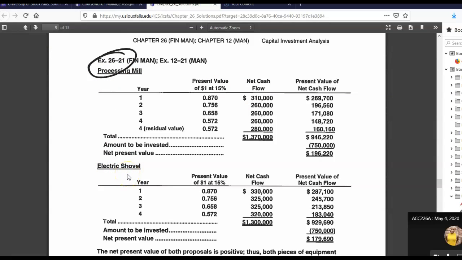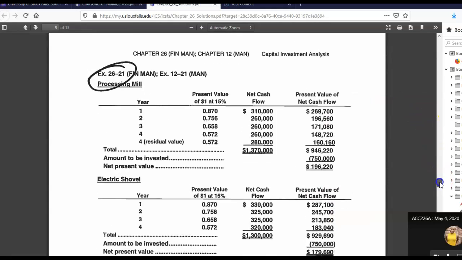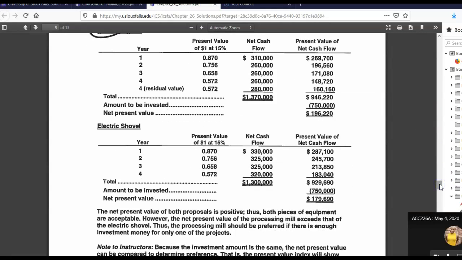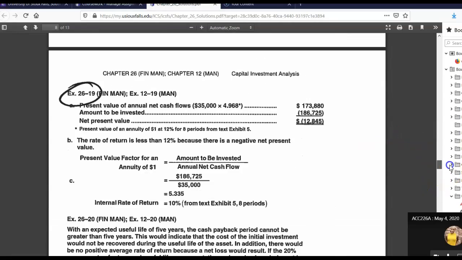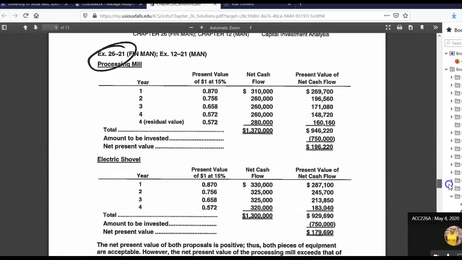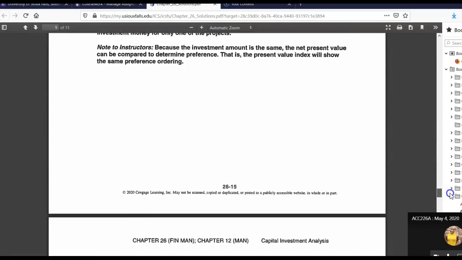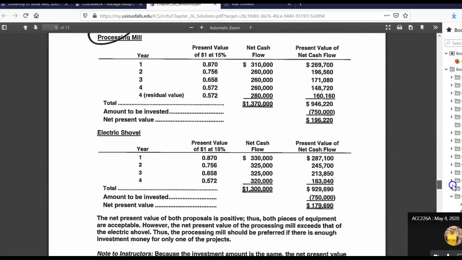Which one is the better investment? Well, this one shows cash flows of $1,370,000. This one is $1,003,000. We have the same amount to be invested in each investment alternative. So the net present value on the first one is 196 versus 179. So we can say this, they're both positive. They both look to be good. I'm trying to remember on this problem, if I scroll down, no. So we don't go through the work of calculating what the actual rate is.